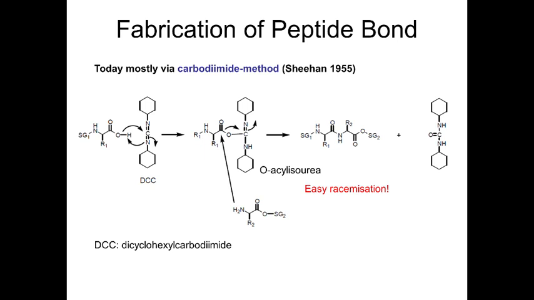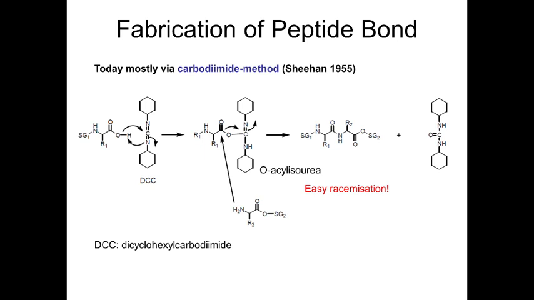So now we have solved all the problems of protection, and now I would like to come to the solution of the second problem that I mentioned right in the beginning of my presentation, and this is the formation of the peptide bond.